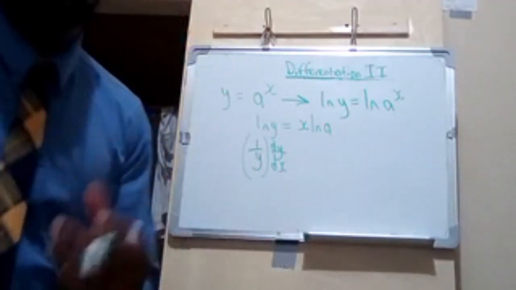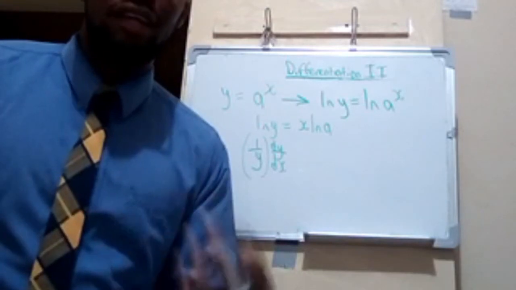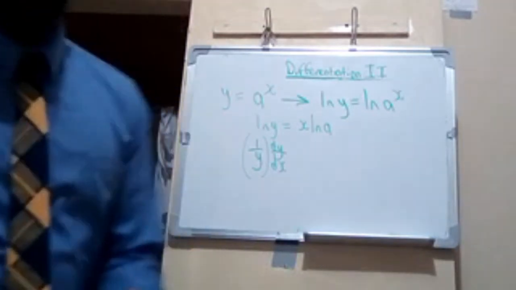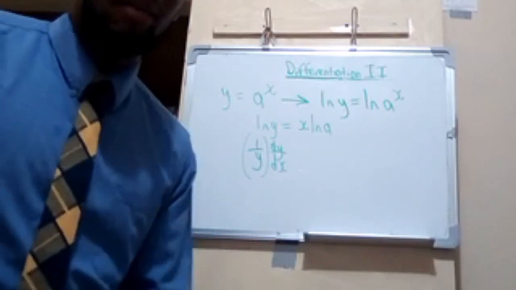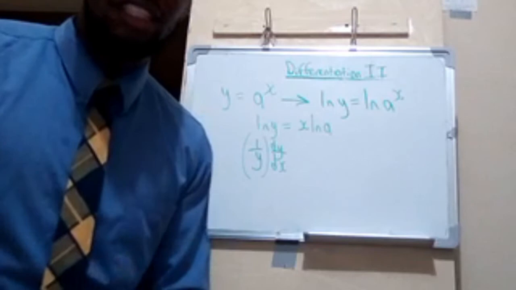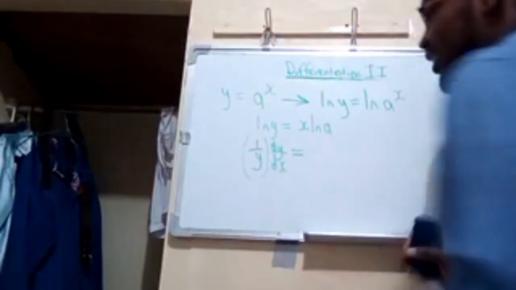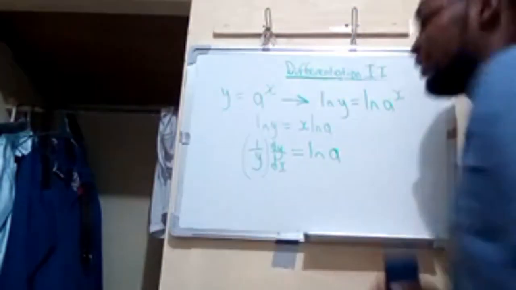Think about it this way. When y equals f of x, when you differentiate y, we get dy by dx. And so when you differentiate ln y, you get 1 over y times dy by dx. We'll look more at this when we do implicit differentiation. Then this is equal to, when you differentiate x ln a, you just get ln a.